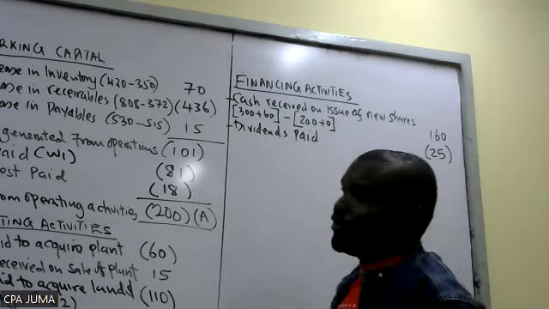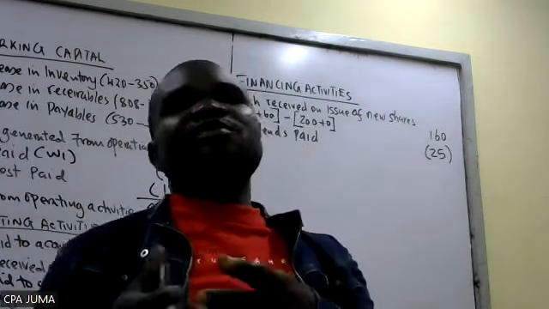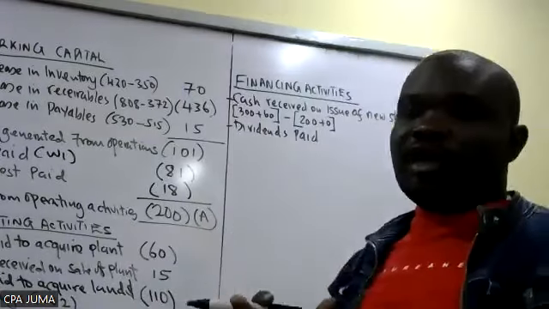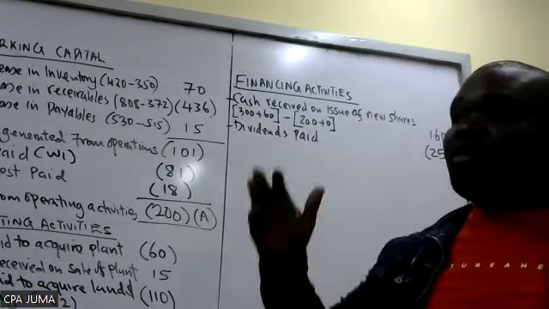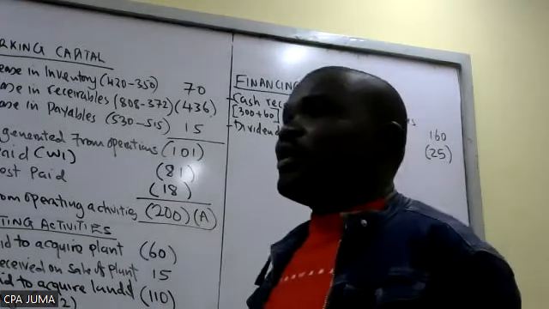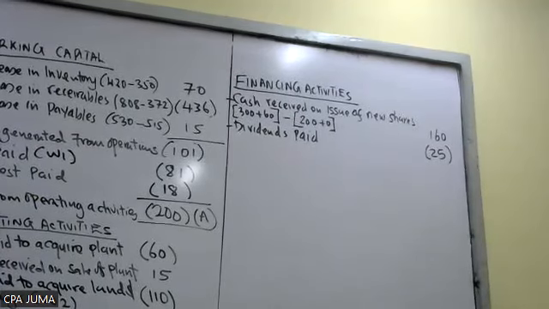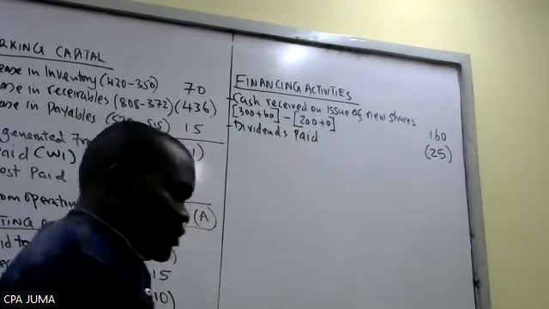That is cash outflow. So equity is over. Otherwise, if they don't give you dividends, you just compare the opening and closing. Decrease in retained earnings is dividends. Hope that is clear.